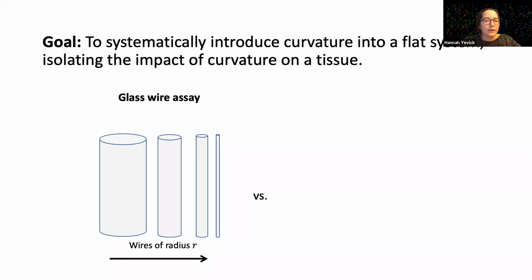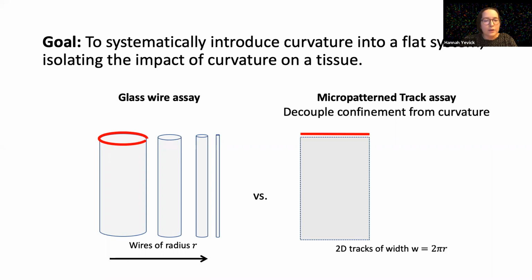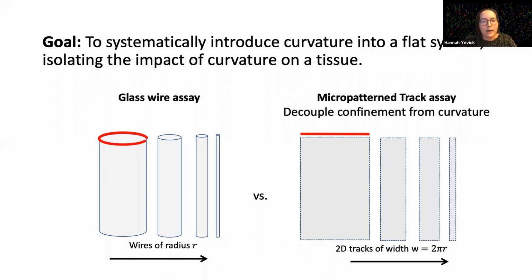But as you can see, when cells are grown on the outside of a cylinder, they don't just experience out-of-plane curvature, but ultimately they also experience lateral confinement around the circumference. So to decouple the effects of confinement from curvature, I systematically compared my results to cells confined into micropatterned tracks on a glass slide of decreasing width.